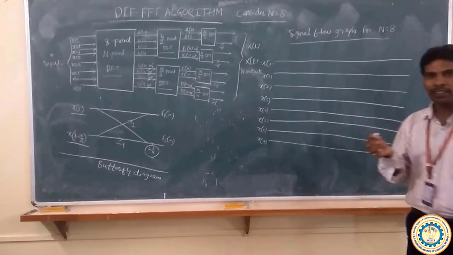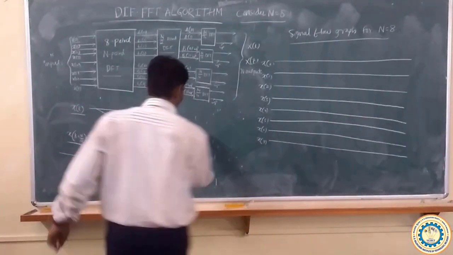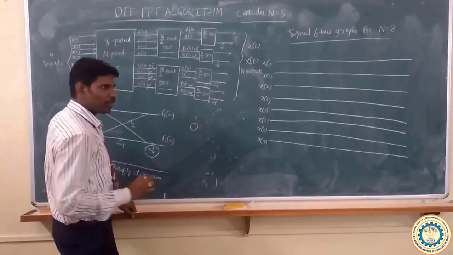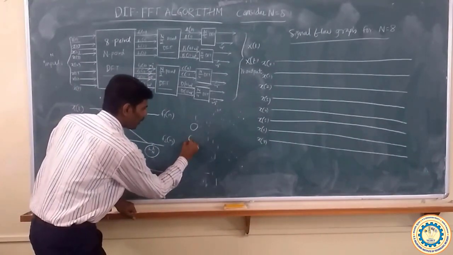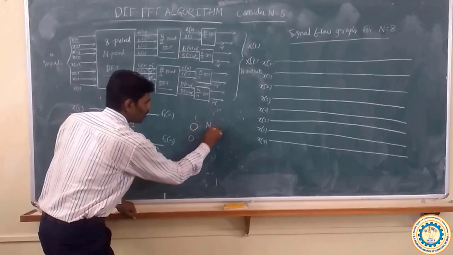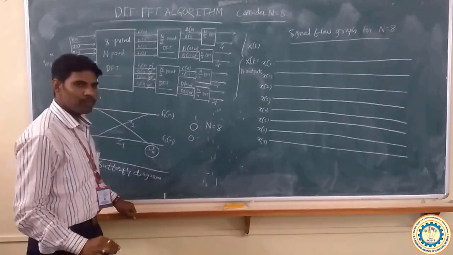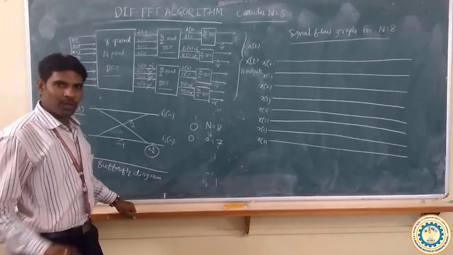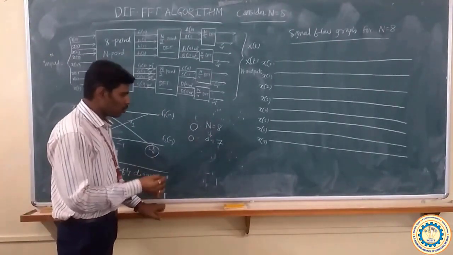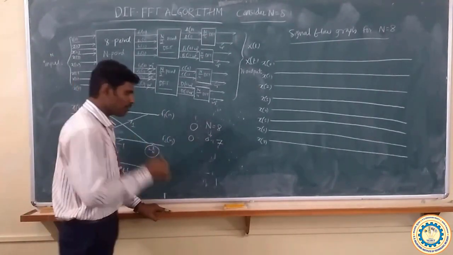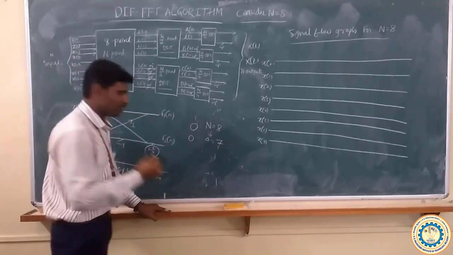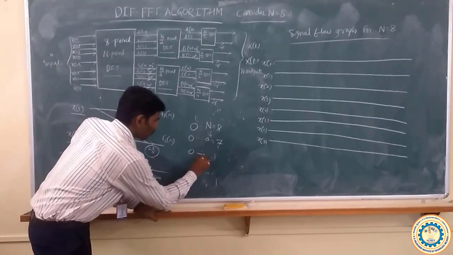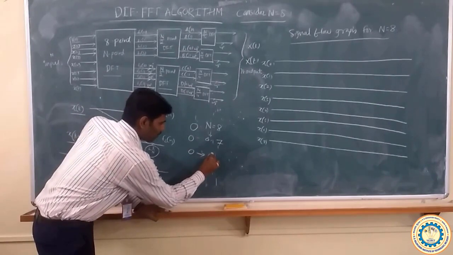What is meant by bit reversal? For N equal to 8, the indices run from 0 to 7. To represent 0 to 7 using binary numbers, I need a maximum of 3 bits. So I can represent 0 in binary as 0 0 0.